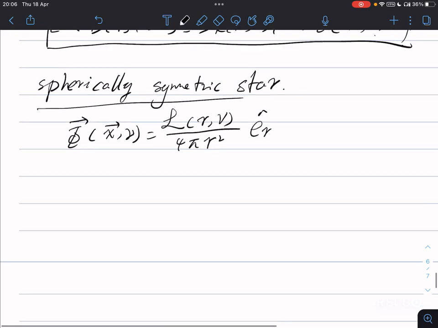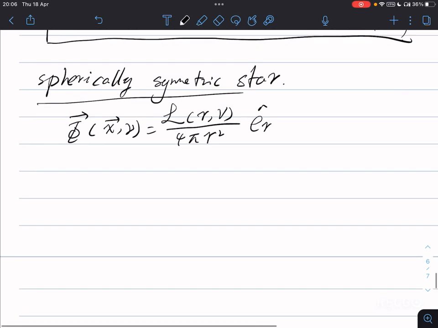Before we continue to calculate, we should recall some basic formulas about gradient and divergence in spherical coordinates.